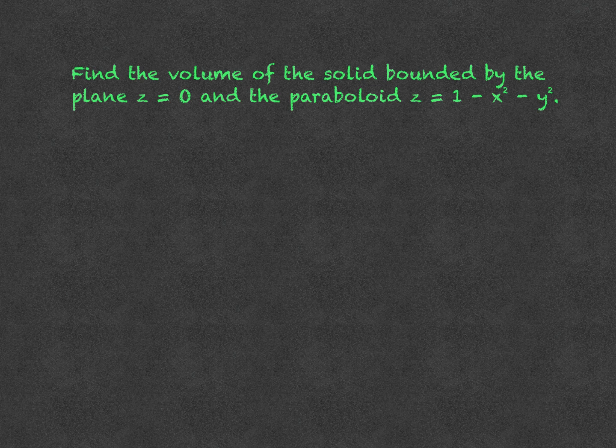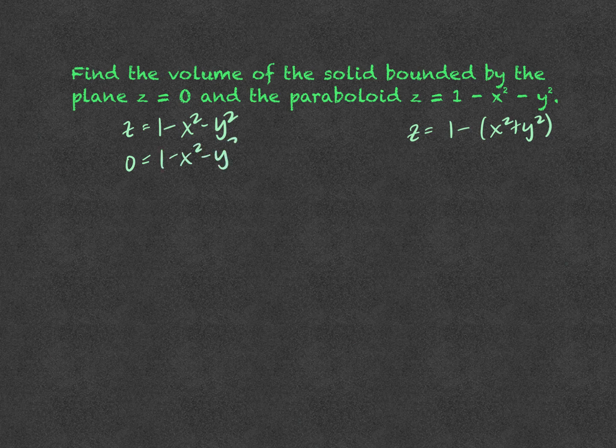Before we get started into this really deep, let's notice that z equals 1 minus x squared minus y squared. Now remember, x squared plus y squared is r squared, so that's going to help us out. We're going to need that in a little bit. But while we're here, when we plug in z equals 0, we have 0 equals 1 minus x squared minus y squared.